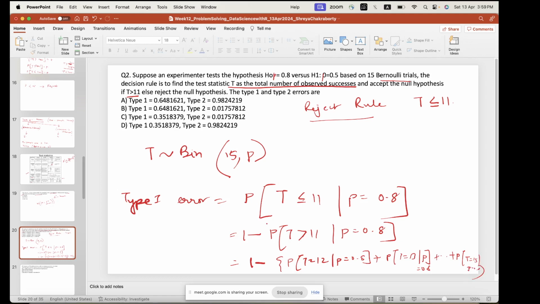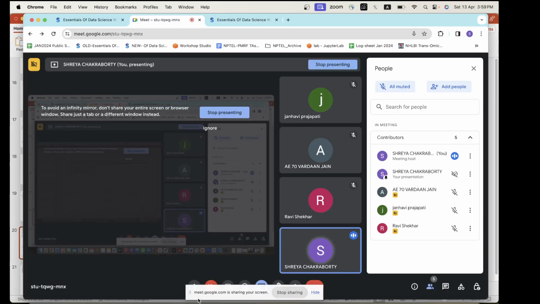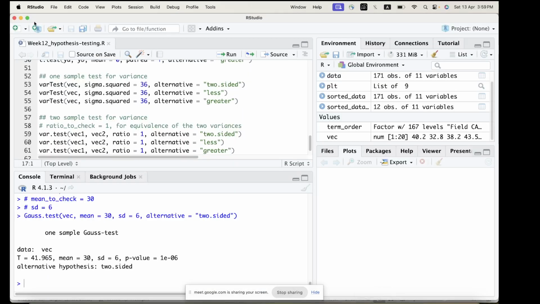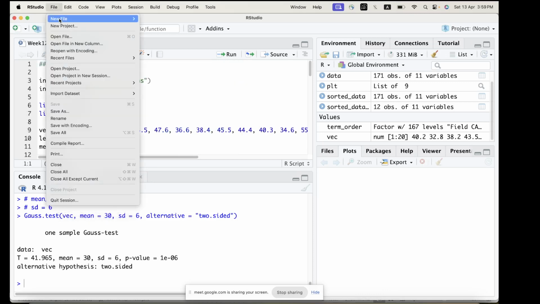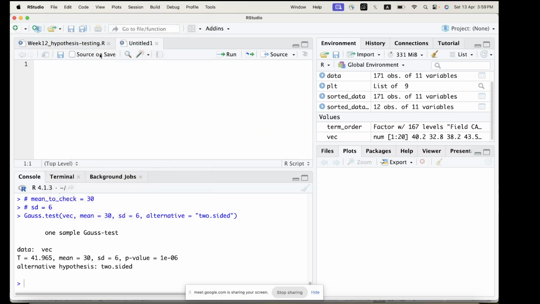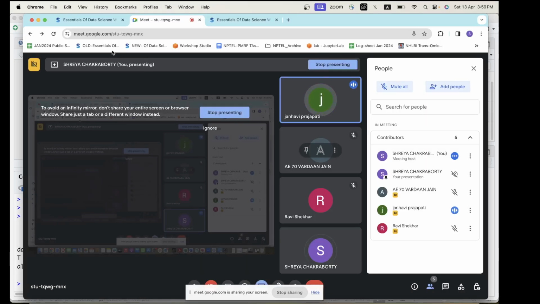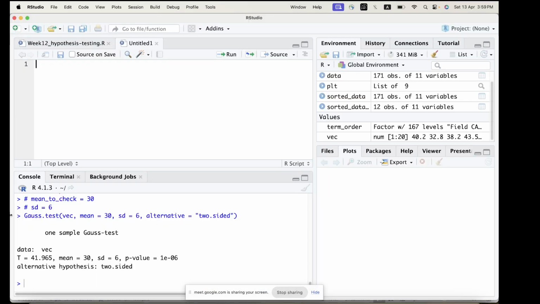Or we could just directly do it here. It should be 1 minus pbinom 11, n is this thing, 15 and p equal to 0.8. So let us just find out. Can you see my screen, the R console? Yeah.